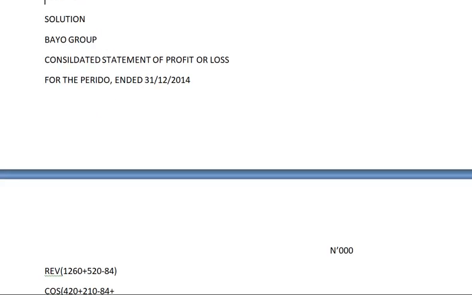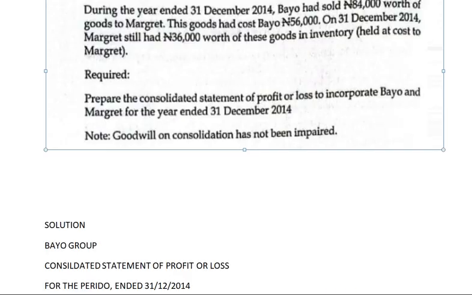That is what we are doing now. I told you, the first step is for you to determine closing inventory. And we're told from this question that the closing inventory is given directly.